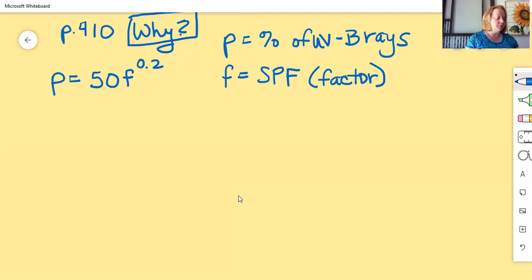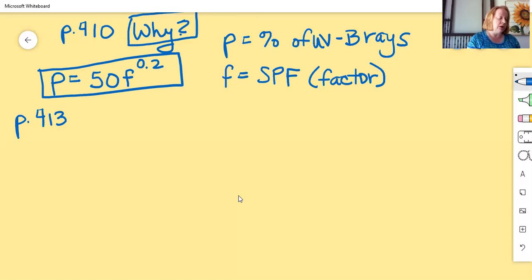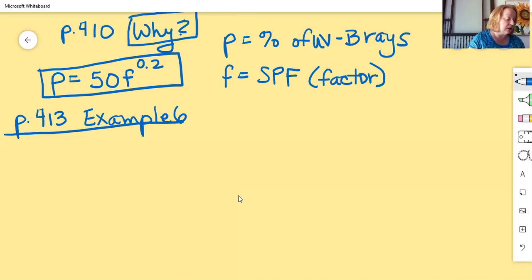So let's go back to our problem on page 413. I'm back on page 413, I have a formula that I'm going to use to work out the problem, and I am looking at example 6. It says, find the SPF.